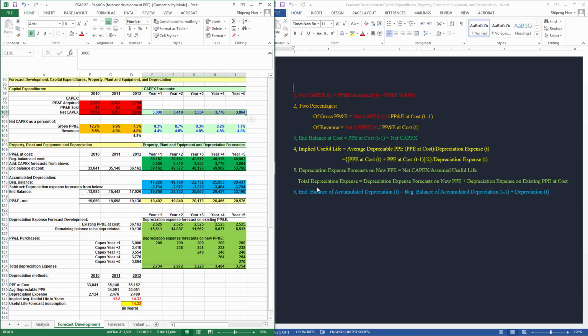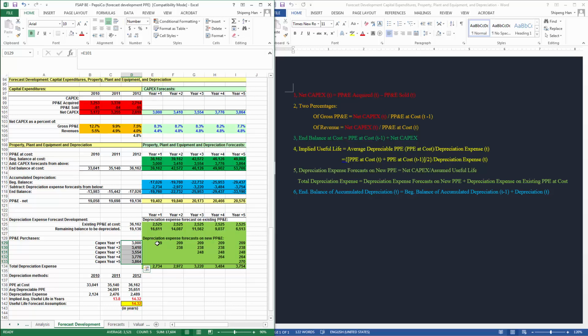The next is the depreciation of original or existing property, plant, equipment. So here we first calculate the depreciation expense per year for the capital expenditures from year +1 to year +5. So these 5 numbers are same as this 5.